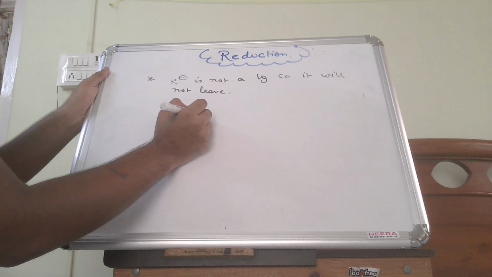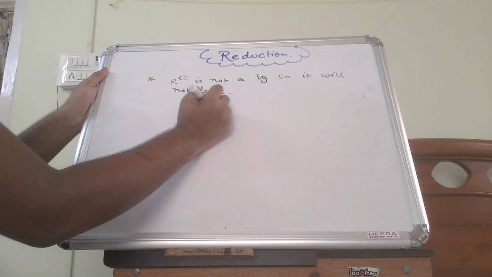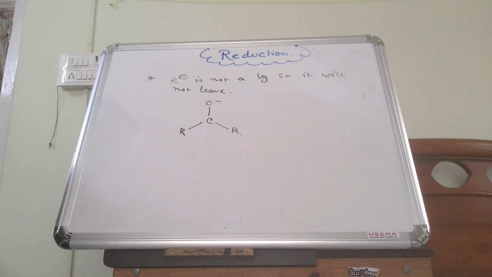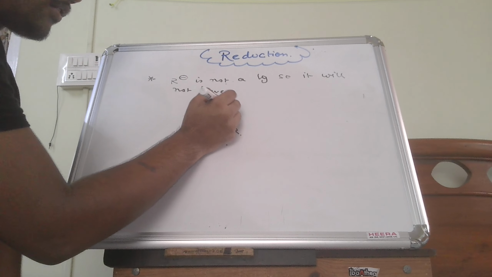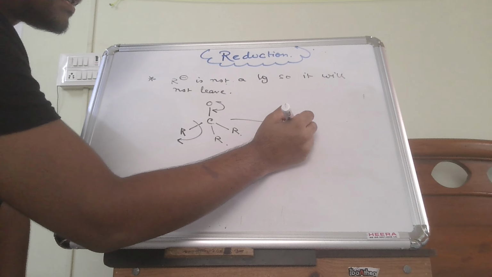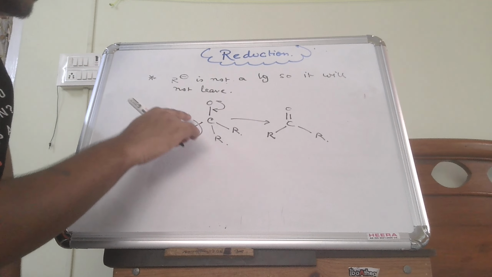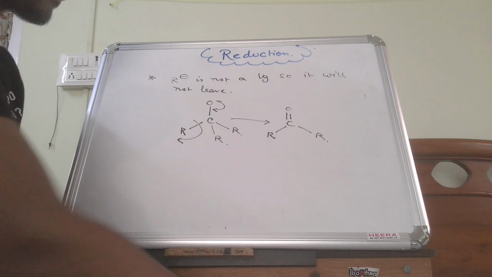When this intermediate has formed, suppose R C O minus R, why is the oxygen not forming the C double bond O again and leaving, which is more stable? It means the reaction would be reversible, but R minus is a bad leaving group, so it will not leave. That's the main purpose.